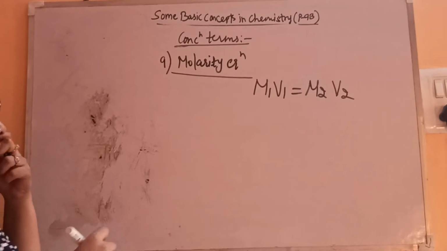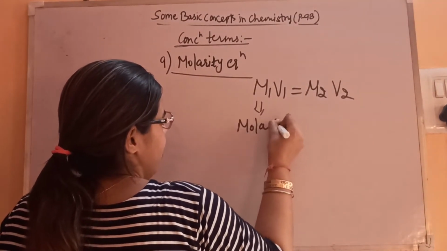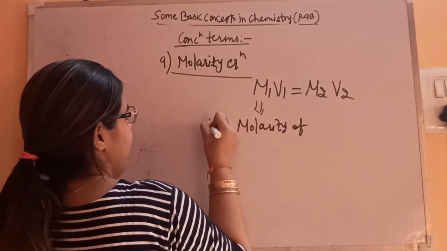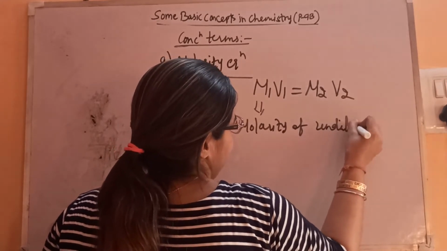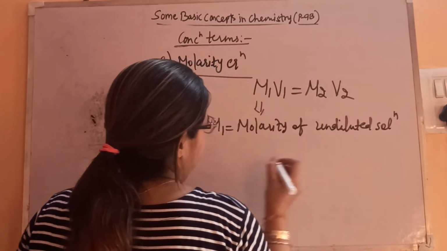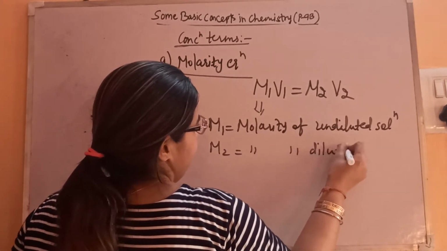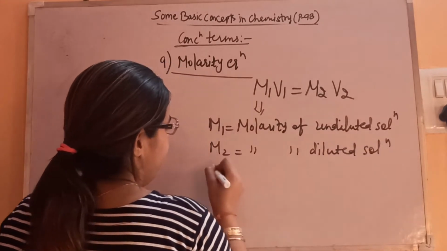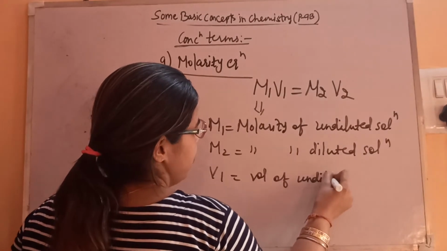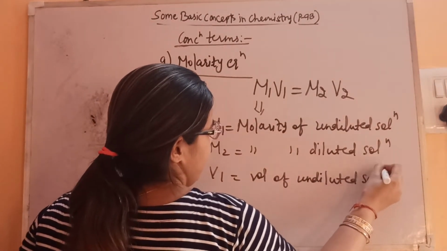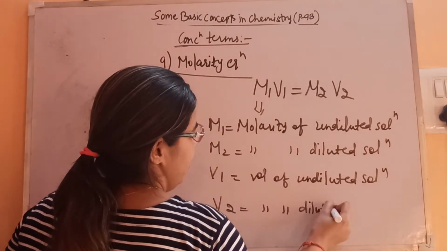Where M1 is the molarity of undiluted solution, M2 is the molarity of diluted solution, V1 is the volume of undiluted solution, and V2 is the volume of diluted solution.